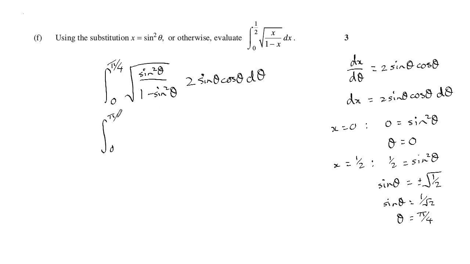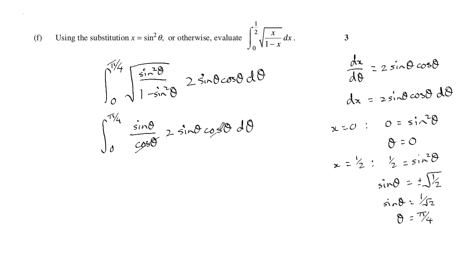We can turn the 1 minus sine squared theta into cos squared, and then because we're taking the square root, that'll be sine theta over cos theta. Ordinarily, it would be the absolute value of sine theta over cos theta, but because we're just going from 0 to pi on 4, we're just sticking in the first quadrant, so it doesn't really matter. They'll be positive anyway.